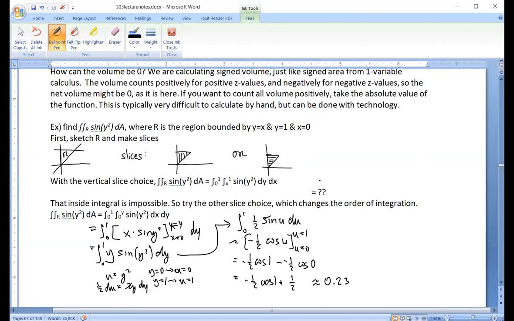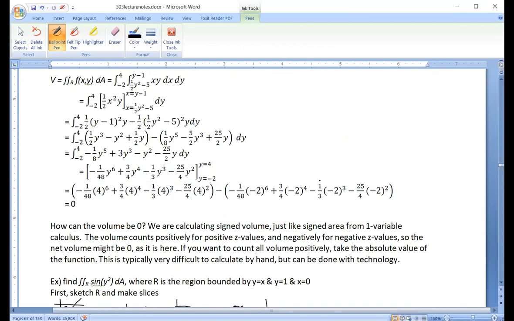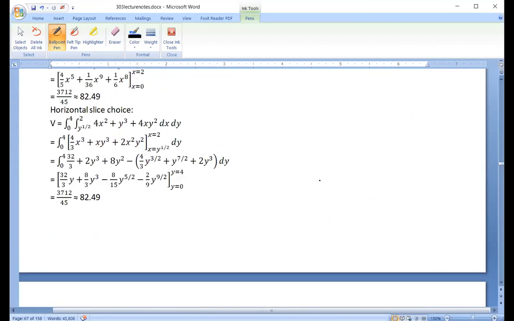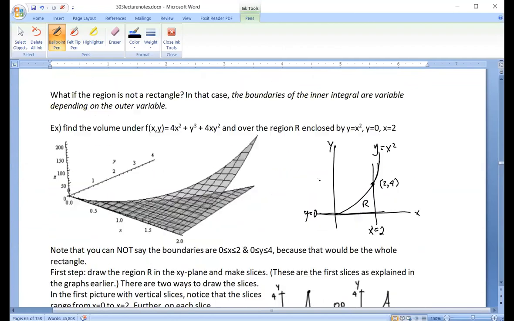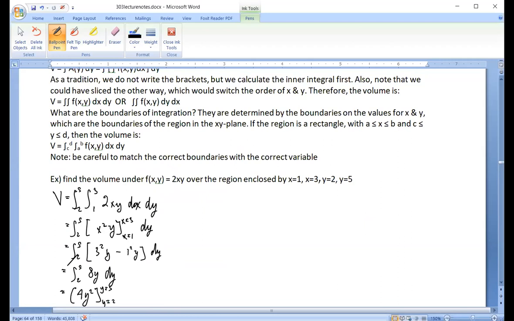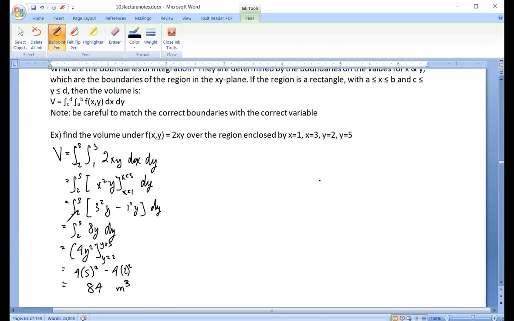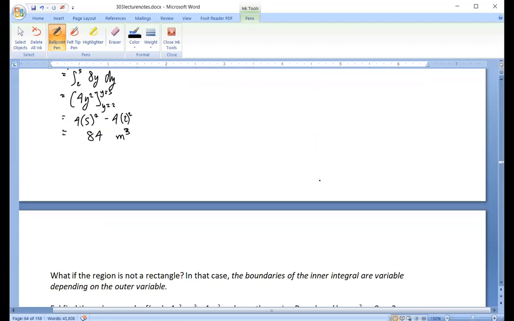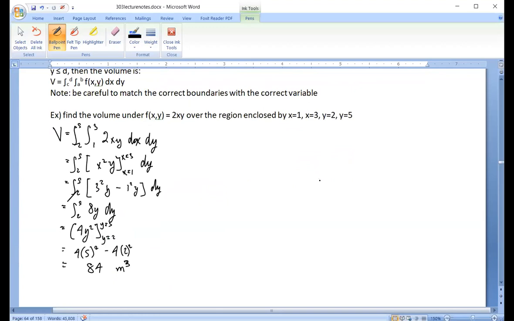Notice that we've got a couple of different things that may dictate, when we set up an integral, which way we want the order to be. Previously, if the boundaries of integration were constant, we could do the integral in either order.